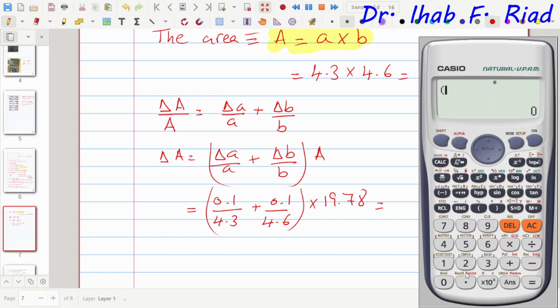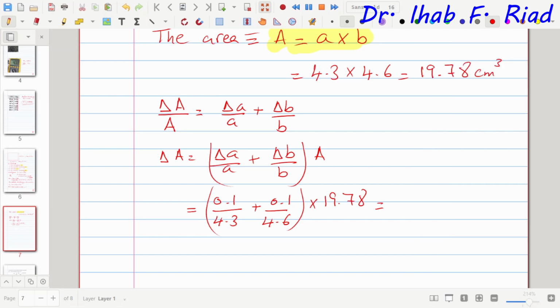Bracket 0.1 divided by 4.3 plus 0.1 divided by 4.6, okay, times 19.78, is equal to 0.89 centimeter square.